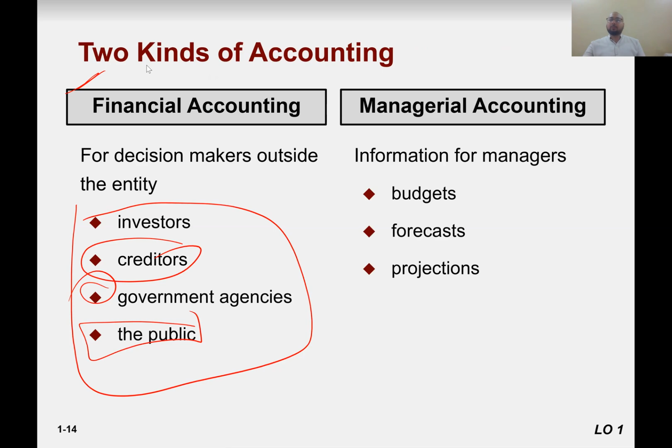So managerial accounting is for inside users of the company, which we call managers, right? So you make information in the form of budgets, forecasts, projections, right?